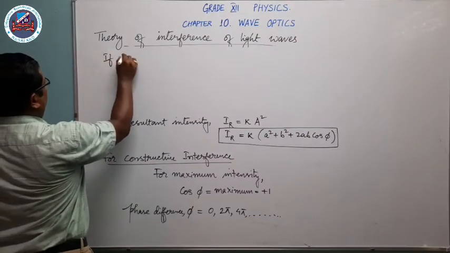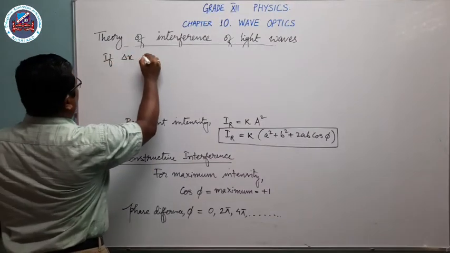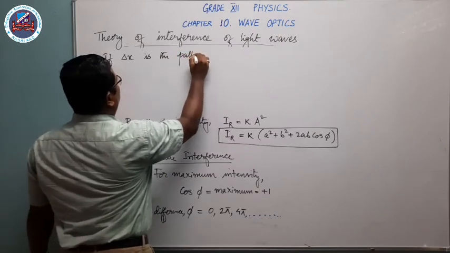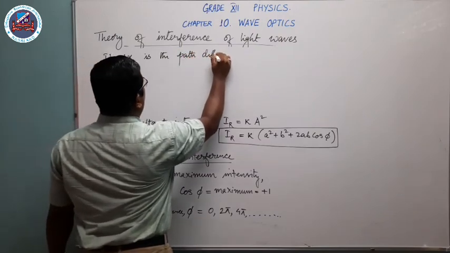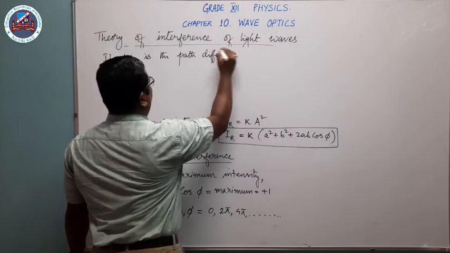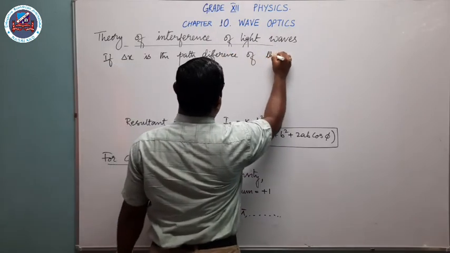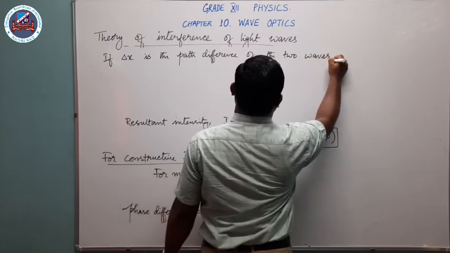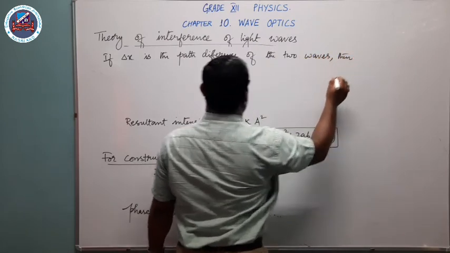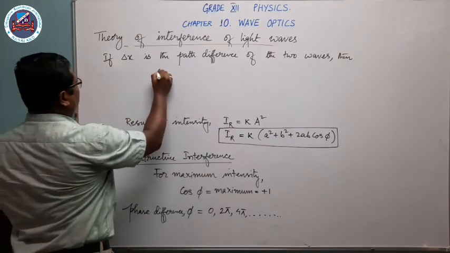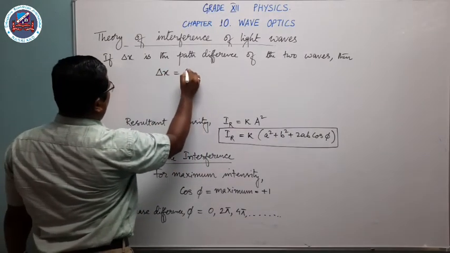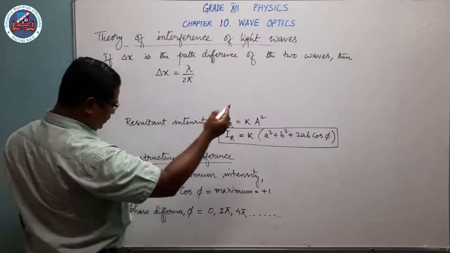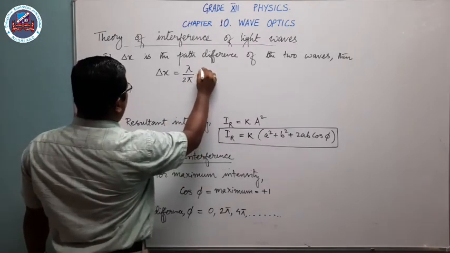If I take delta x as the path difference of the two waves, then path difference delta x is equal to lambda by 2 pi times the phase difference, that is phi.